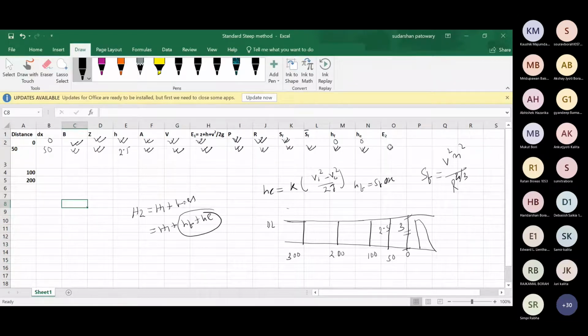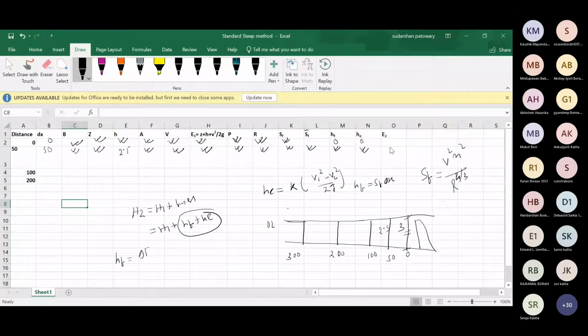Now E2, again you can calculate by what? By the gradually varied flow equation, SB minus SF also, isn't it?